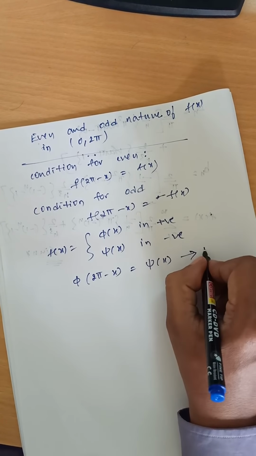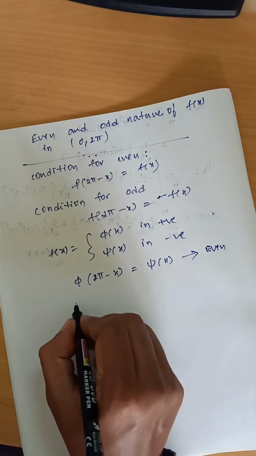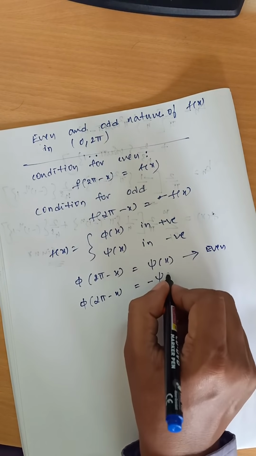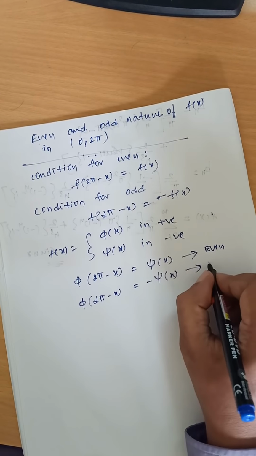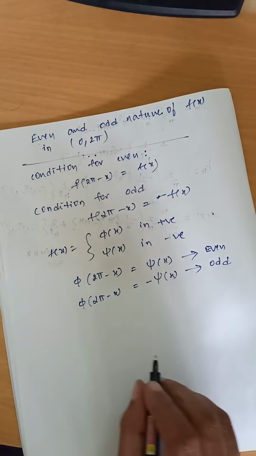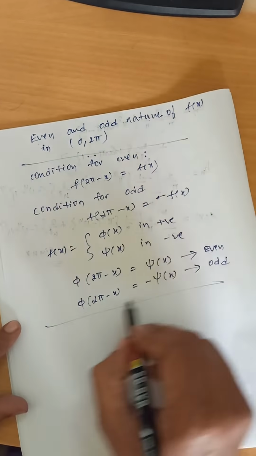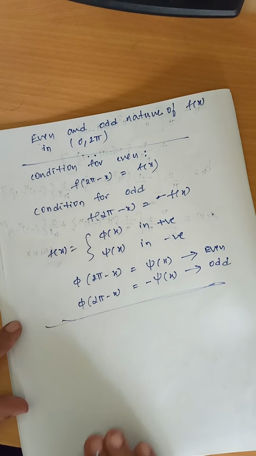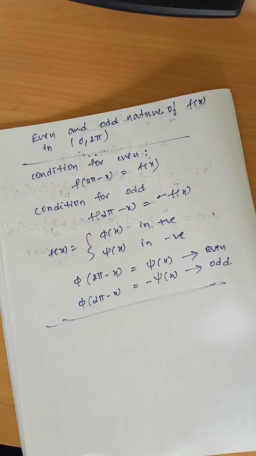This condition is for even. Phi of 2 pi minus x is equal to minus xi of x. This is for odd. Recall all these conditions to find the Fourier series of the function f of x in minus pi comma plus pi and 0 comma 2 pi.